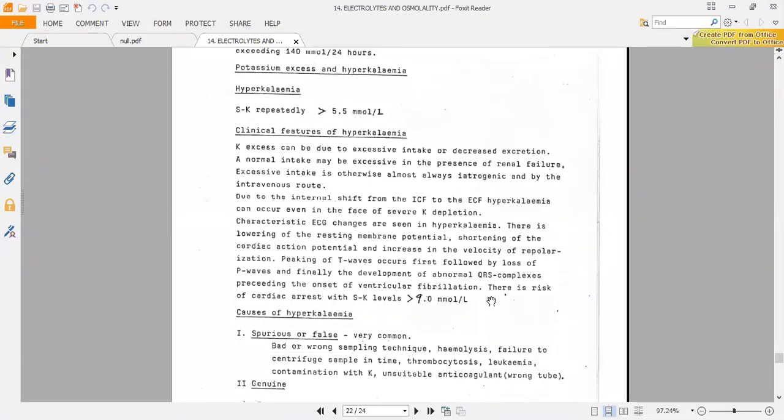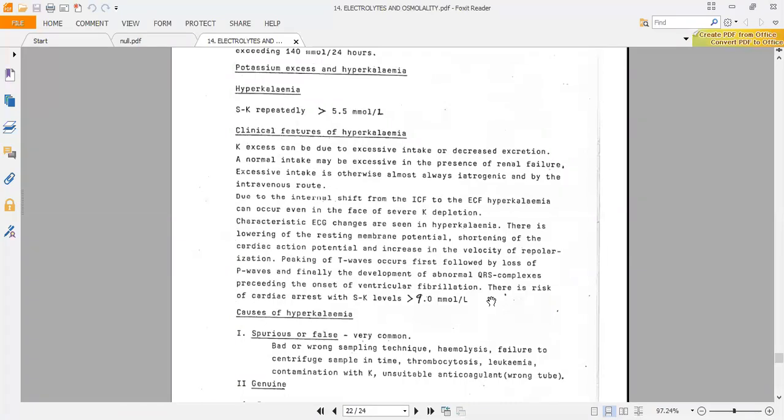Now, when we take hyperkalemia, we are almost done. Hyperkalemia is high levels of potassium. If you have a lot of potassium, it also causes effects on the neurons, the heart, and the muscles.